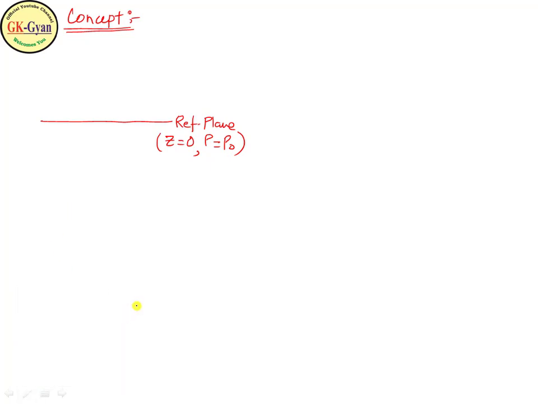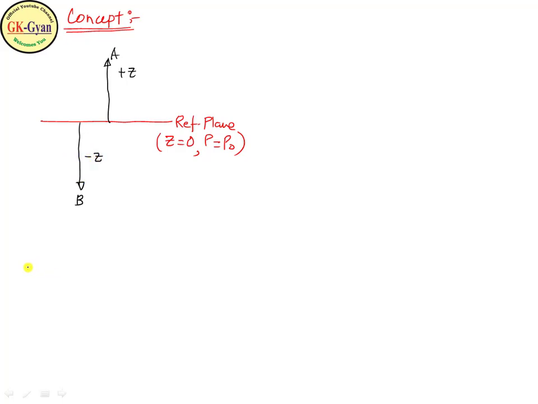So here one moves in positive z direction, this will be point A, and one goes in the negative z direction, that is downward, that is point B, this will be negative z.